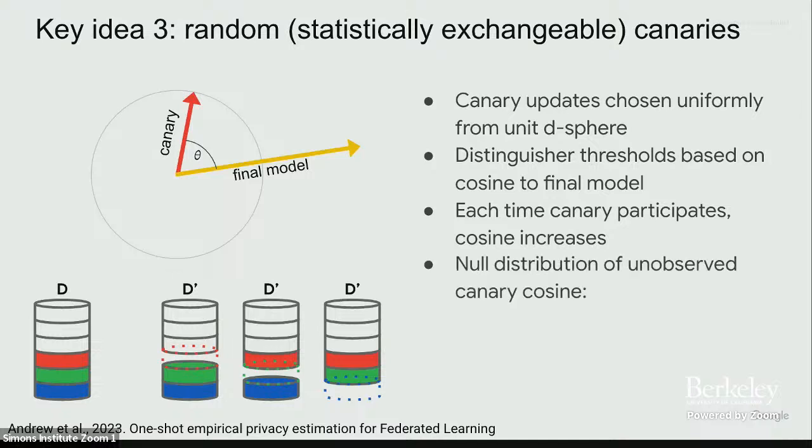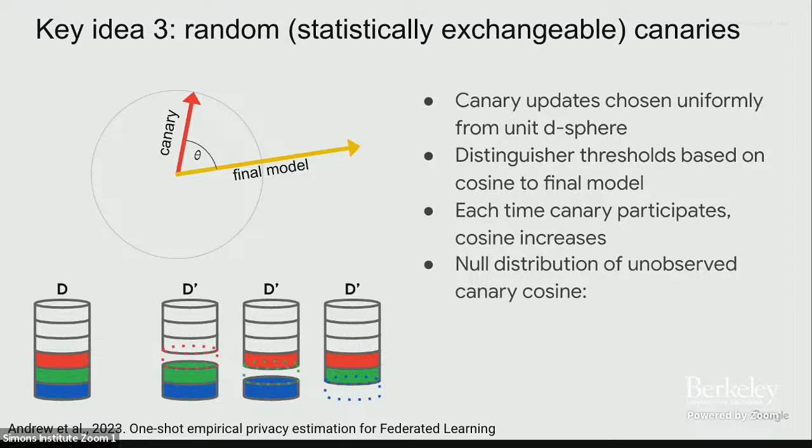But now here's the interesting thing. If we use this construction, we don't need to train the model on any of these data sets. The reason is we have a closed-form distribution for this test statistic without even training the model. So in other words, let's pick one of them, say the first D prime on this slide, and we're trying to test this red sampled canary.